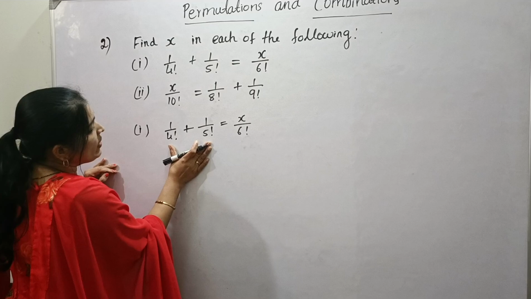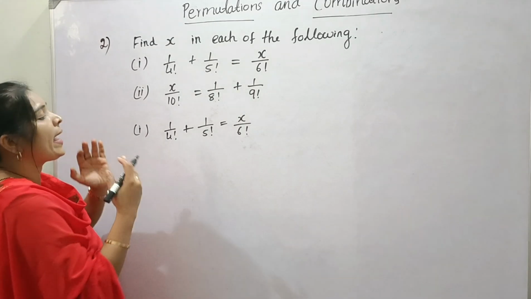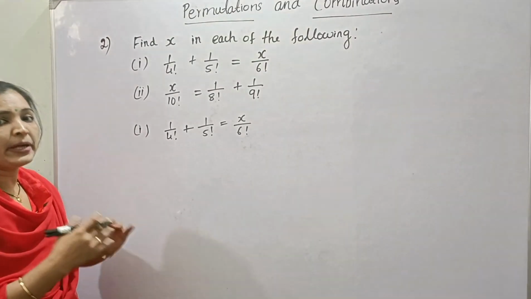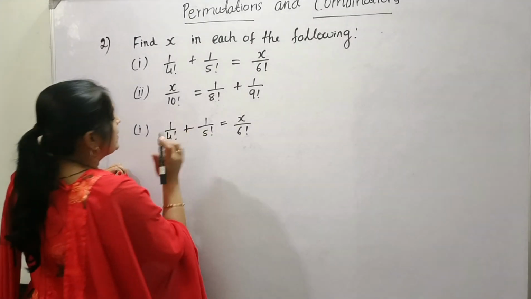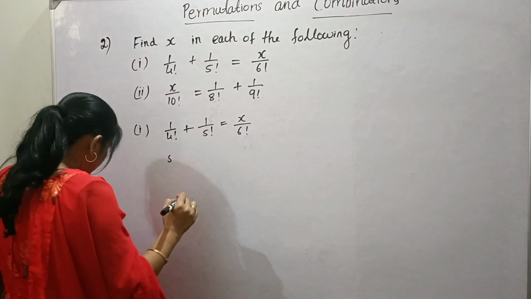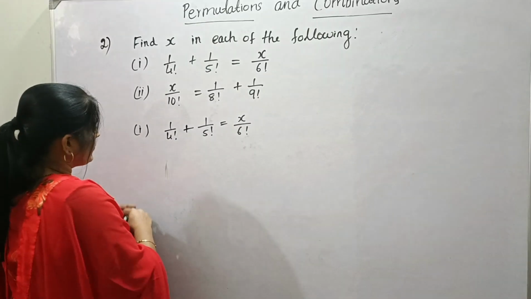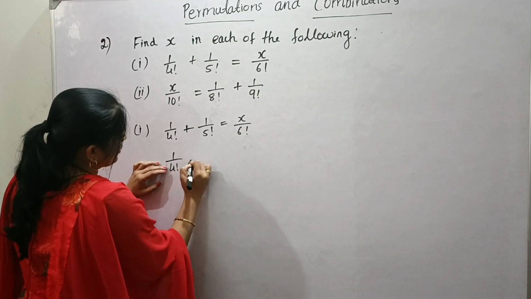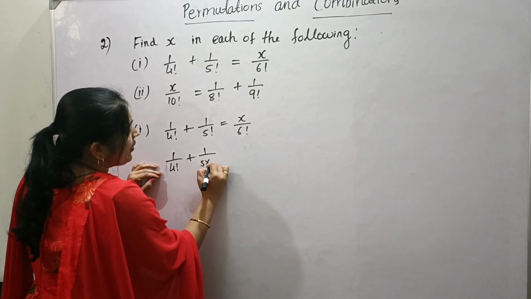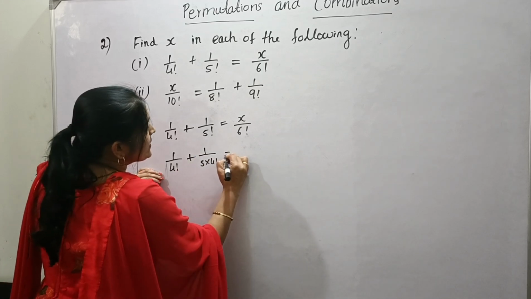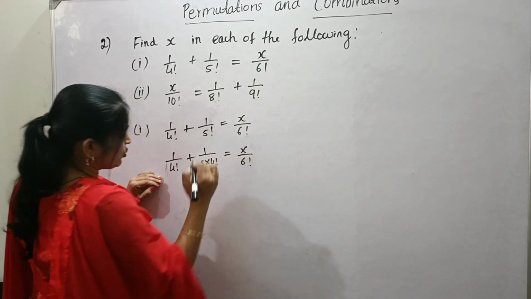What is the LCM of 4 factorial and 5 factorial? That is nothing but 5 factorial. That is the largest number, that is 5 factorial, right? So 5 factorial we can write as 5 into 4 factorial, right? That is equal to x by 6 factorial.